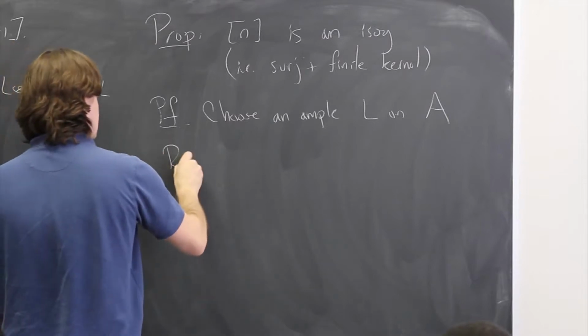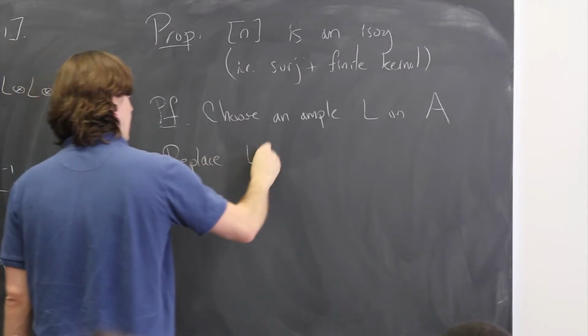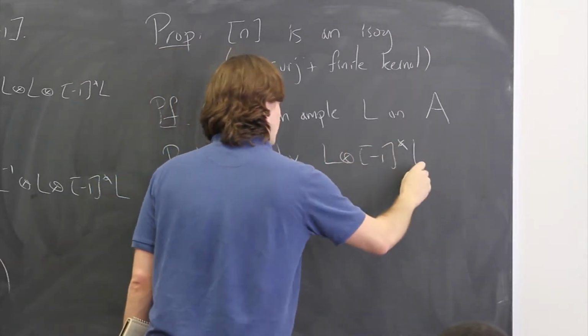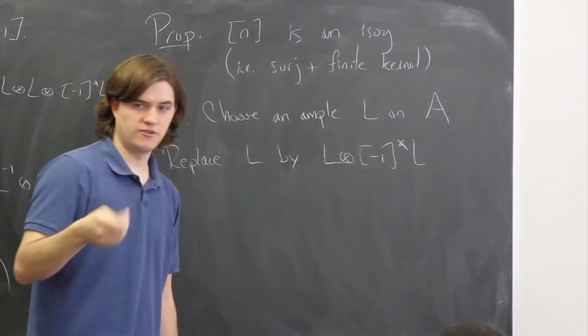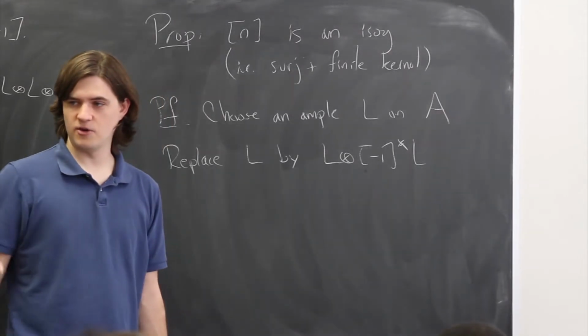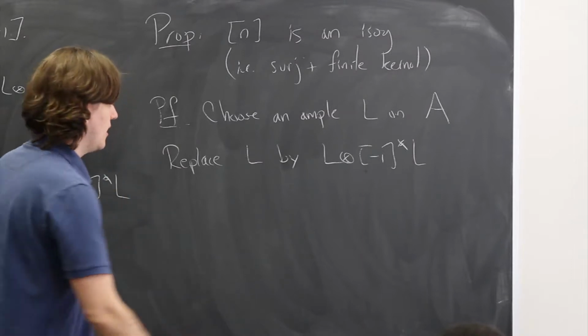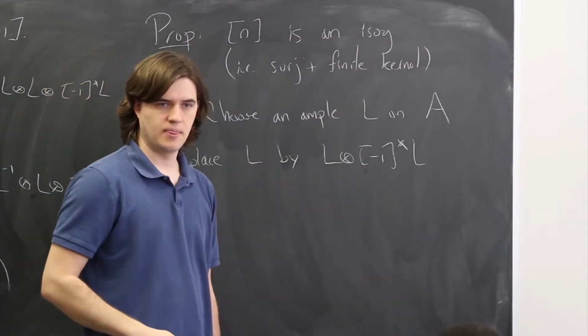And now if we replace L by L tensor -1 star L, since -1 is an automorphism of A, when you pull back L by this automorphism, it's still going to be ample. So pull back an ample bundle by an automorphism, it's ample. And the tensor product of two ample bundles is ample.